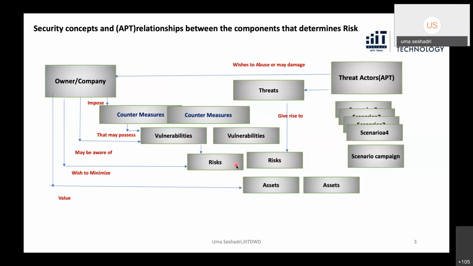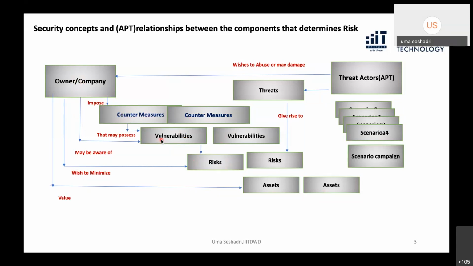There are many risks, and they value their assets. The company values these assets. There are so many digital assets they have. They value these assets, and so they want to minimize the risk which happens because of the threats.